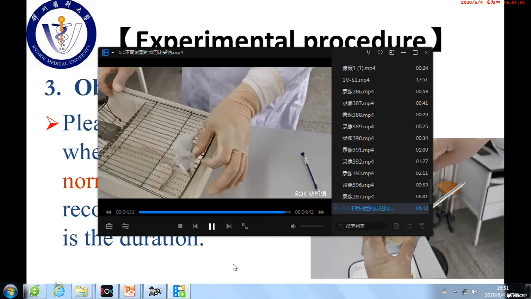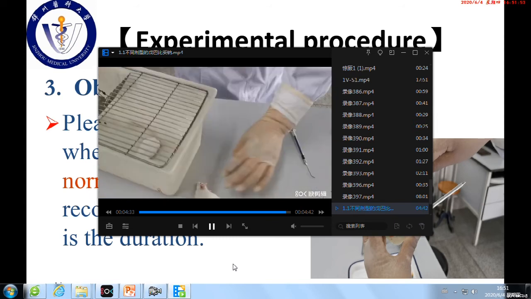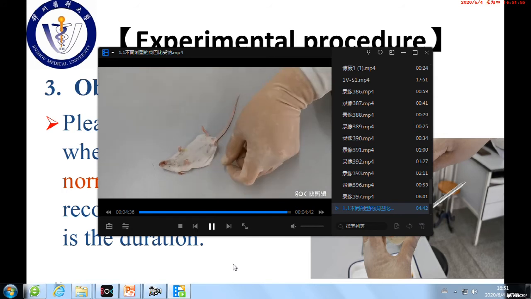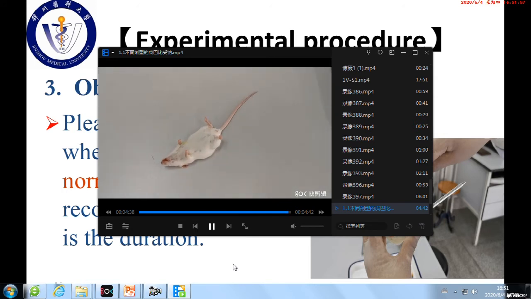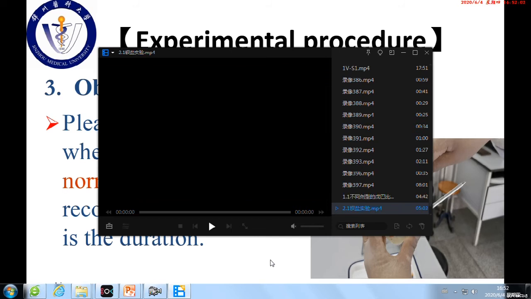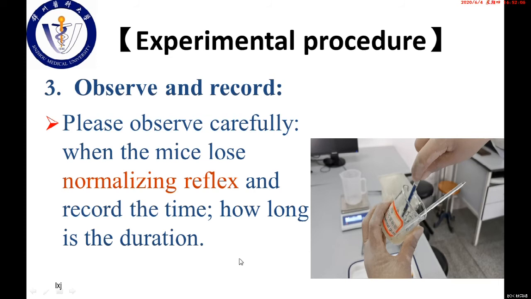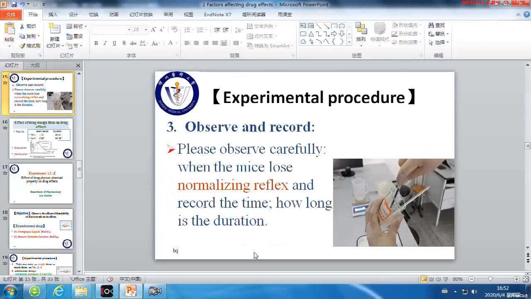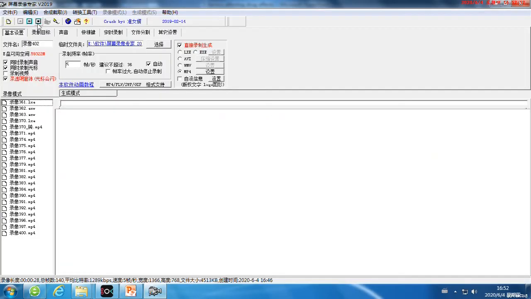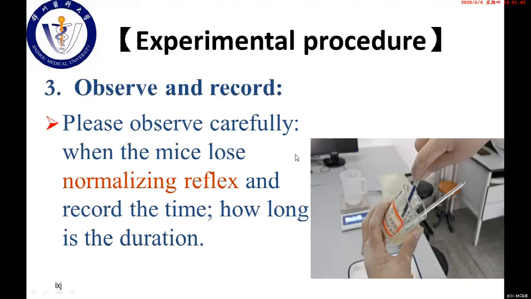You know, under these conditions, the mouse still has its consciousness. Now, after several minutes, its normalizing reflex disappears. And then observe carefully.